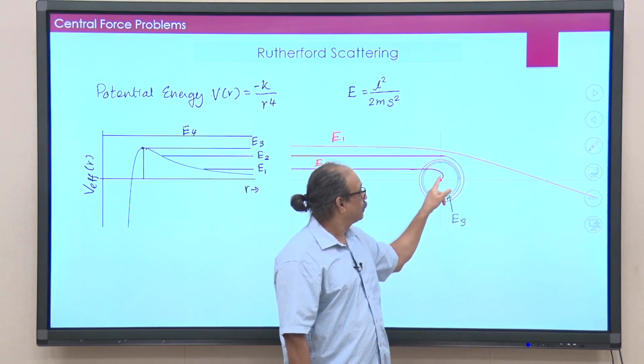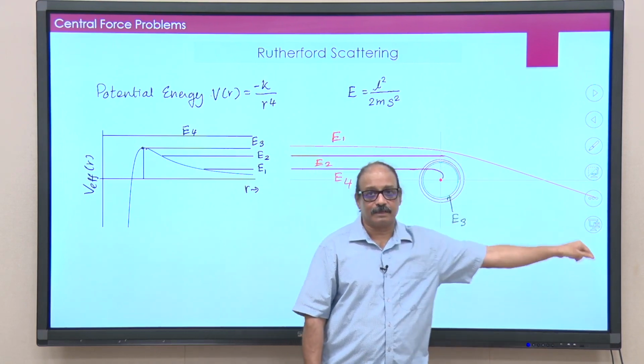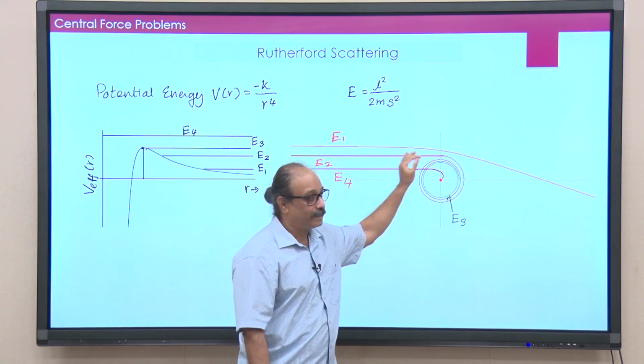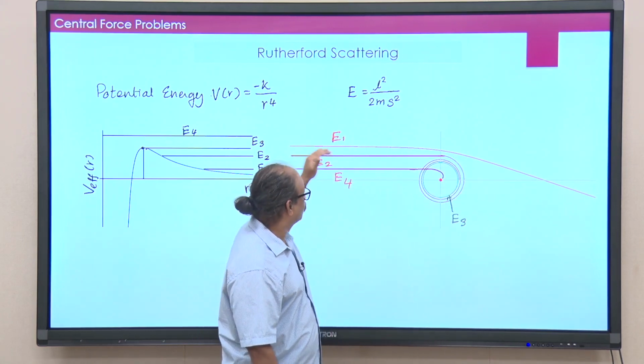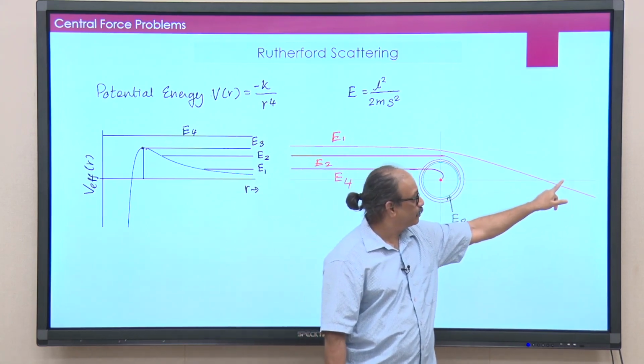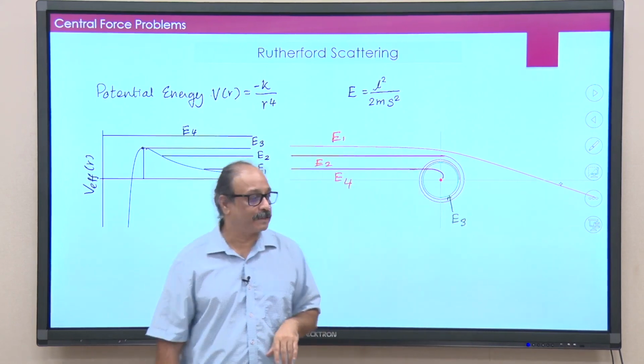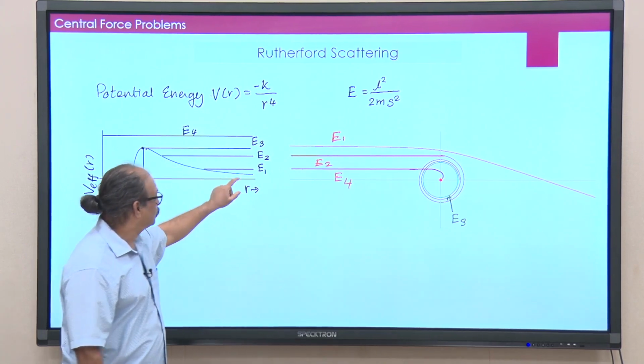So, somewhere here there will be a minimum point, and then it starts going away, resulting in a scattering angle there. The scattering angle of course will be the angle made here with the horizontal by the trajectory. That is the kind of trajectory you would get if you have energy E1.